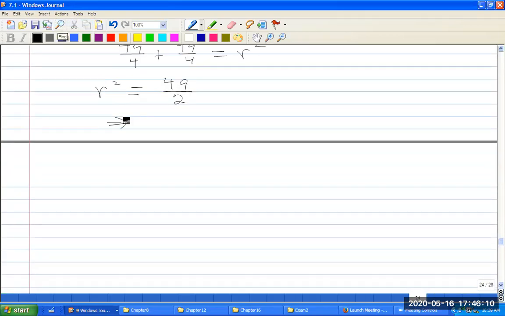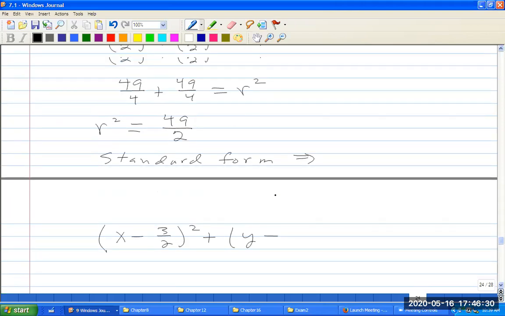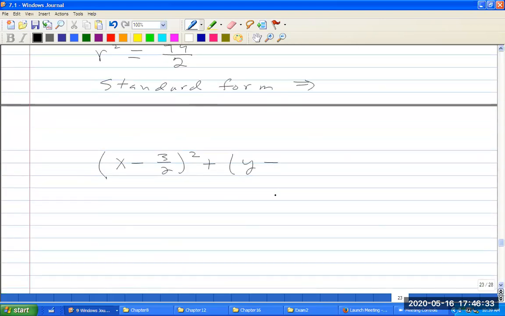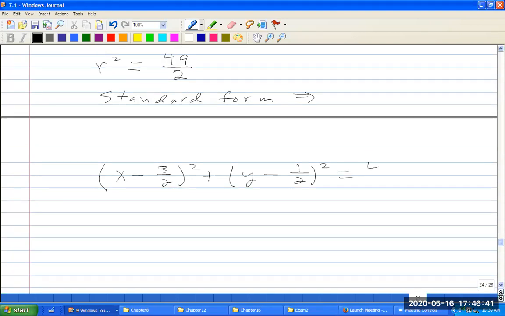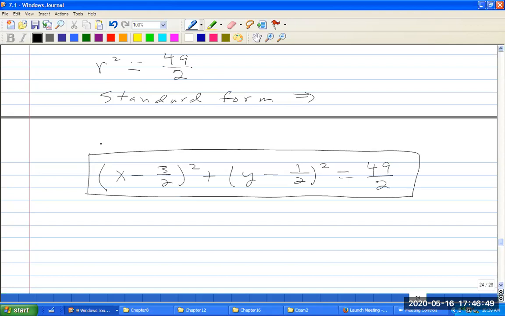And so in standard form, it's just x minus 3/2 squared plus y minus 1/2 squared equals 49 over 2. And that's the equation of my circle in standard form.